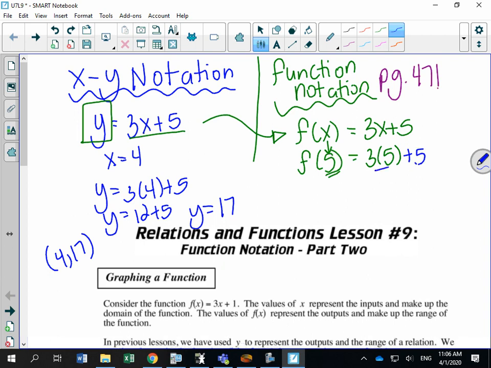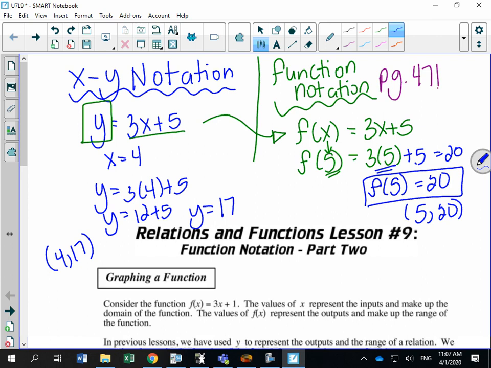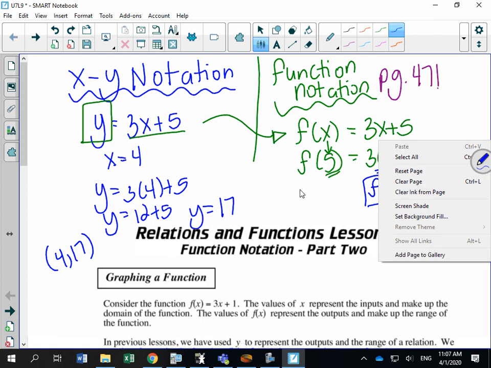And 3 times 5 is 15. 15 plus 5 is 20. So f at 5 is equal to 20. So that would be my answer in function notation. And when x is 5, y is 20. So it's the exact same thing as writing XY notation, except we're dealing with function notation.